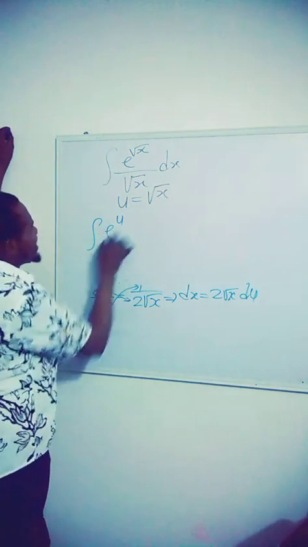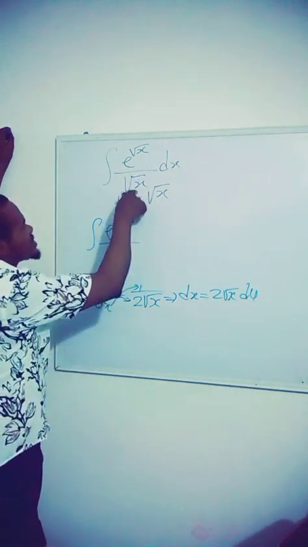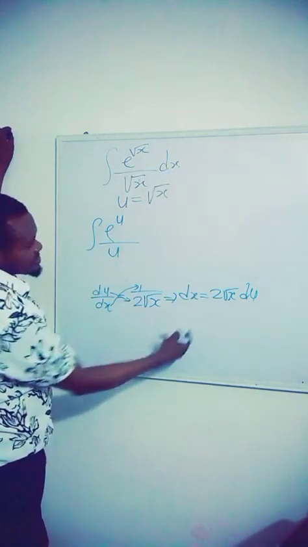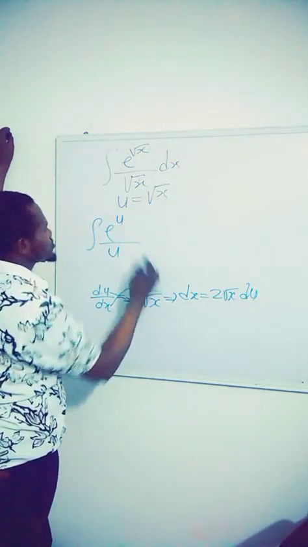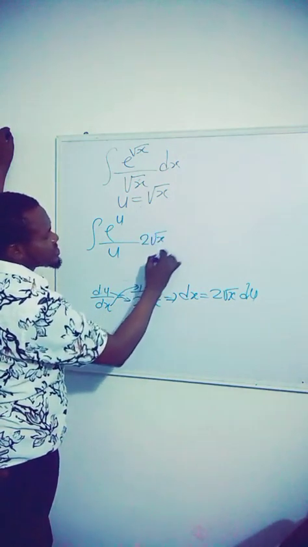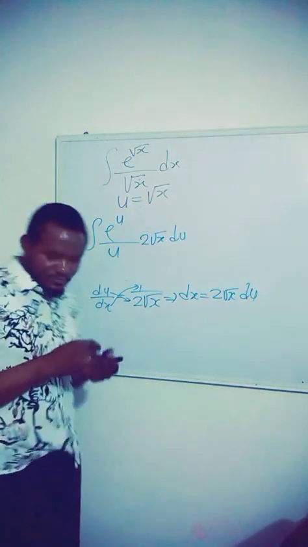Then divided by, this is u, this is u. Our dx is 2 root x du.